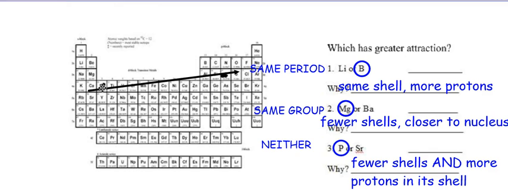So the greater the attraction, the more those electrons are being drawn to that nucleus, the smaller the radius. The radius is truly defined as one half the distance between the nuclei of two adjacent atoms. That's a long verbiage there. But really what we're looking at is how far away the outermost electron is from the nucleus.